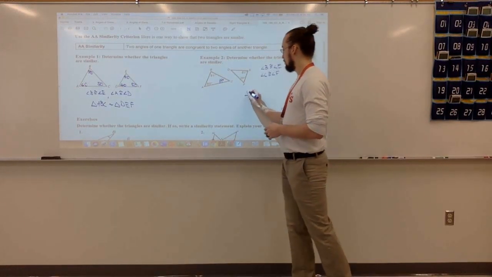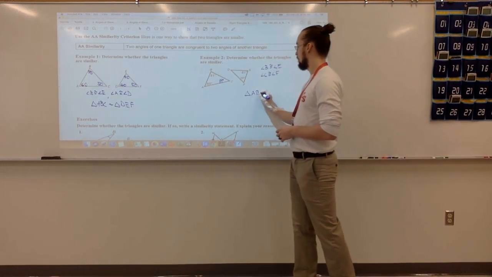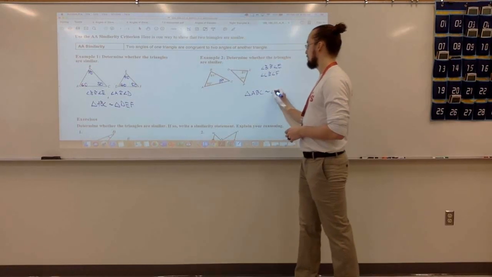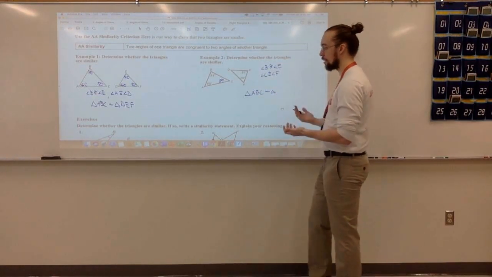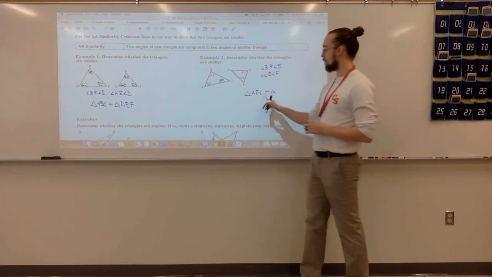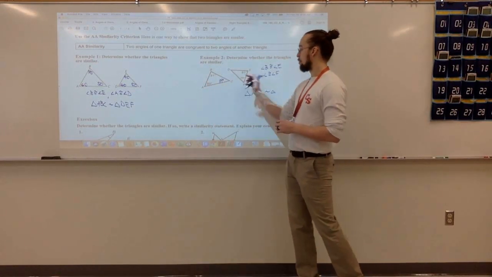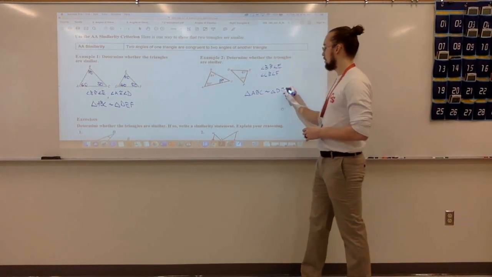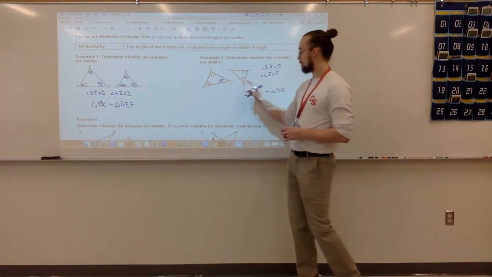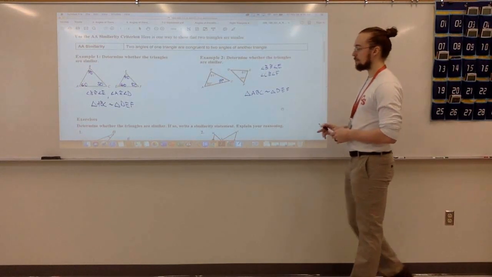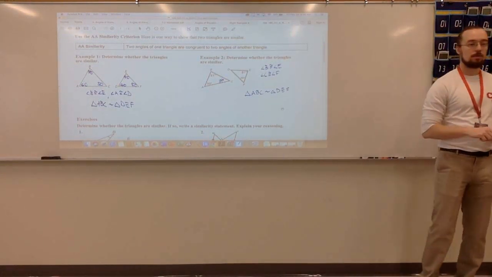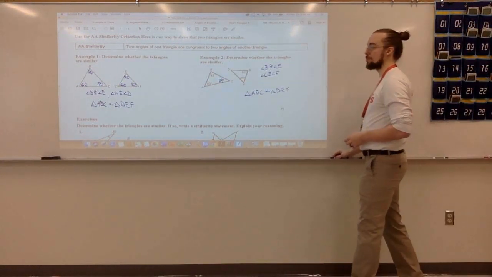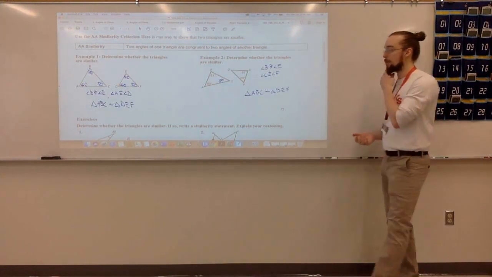So then we can say triangle ABC is similar to triangle, and again, make sure we're matching up corresponding parts. A would match up with D, B would match up with E, C would match up with F. In both of these examples, the 2 triangles ended up being similar.